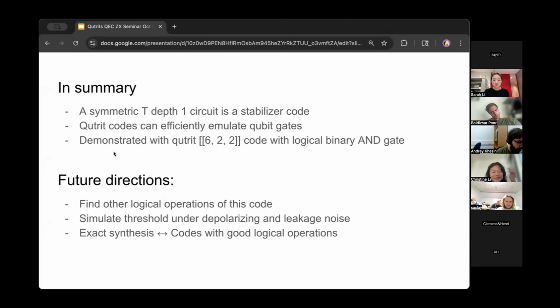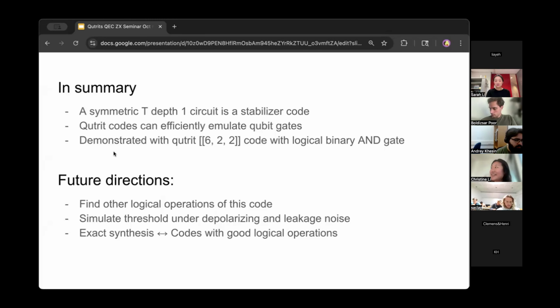That definitely seems possible. We haven't looked into transversal Clifford gates yet, but I don't see why not.